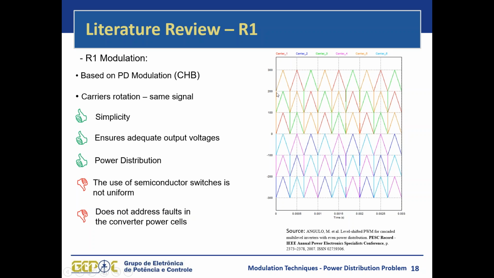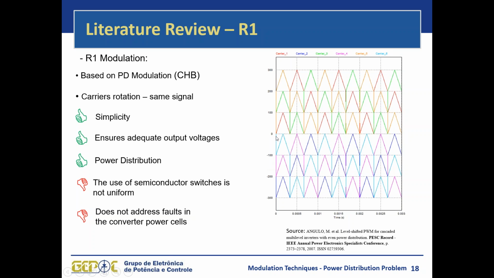So you can see here that this orange carrier is in this position in this first period, and then it switches position to this other level, and then to the other level, and the same thing happens with the other carriers. So there is a rotation of the carriers for the upper three carriers, the positive carriers, and the same thing happens here for the negative carriers.